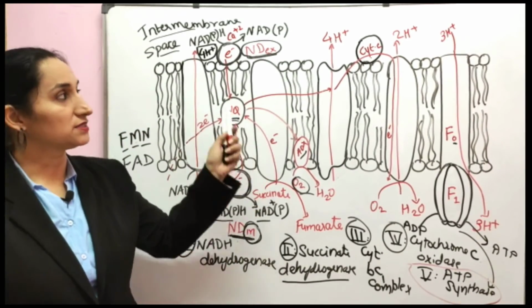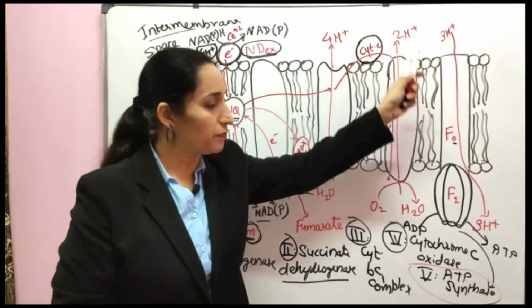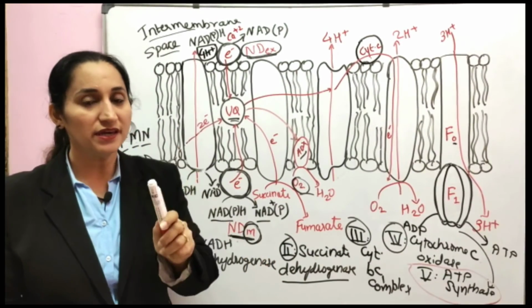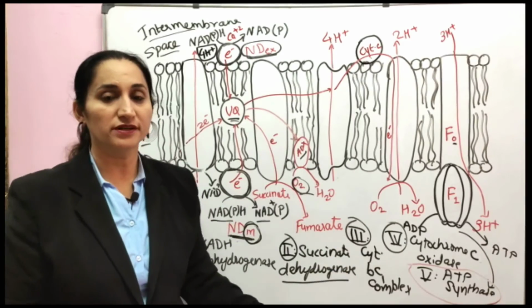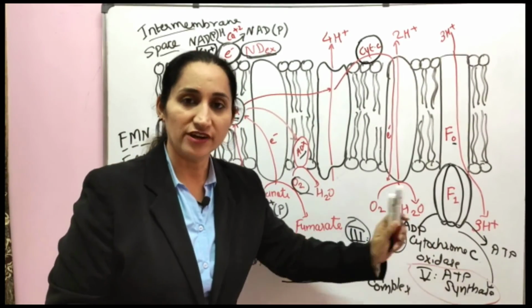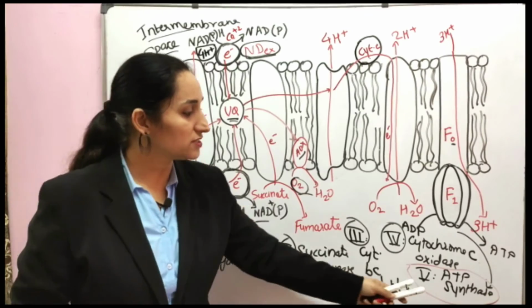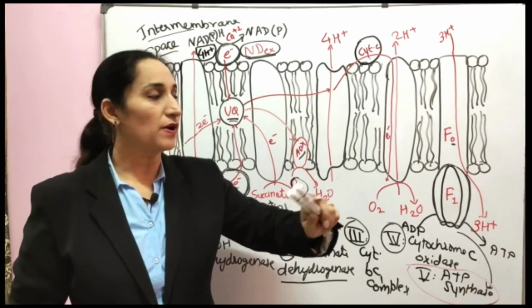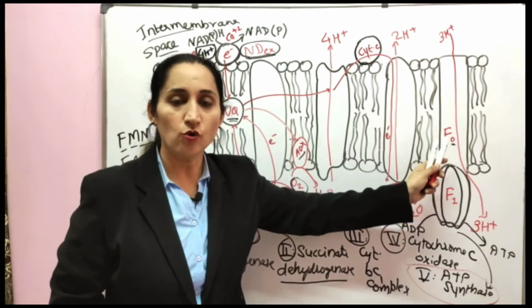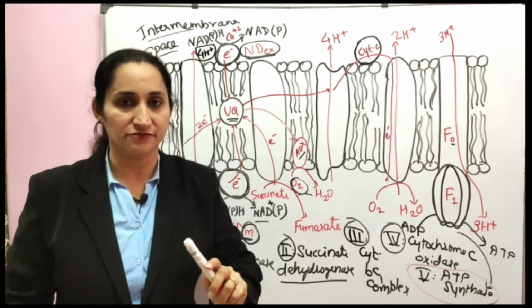To make a balance, these protons will flow back to the matrix, but they cannot flow back through any channel except complex 5. This complex 5, this ATP synthase, has 2 parts, FO and F1. The O, subscript O, is for oligomycin sensitive.